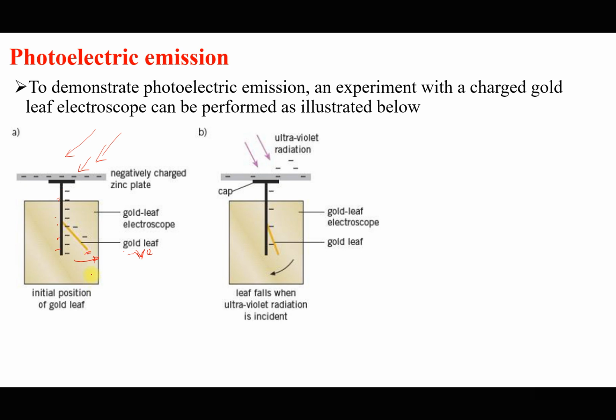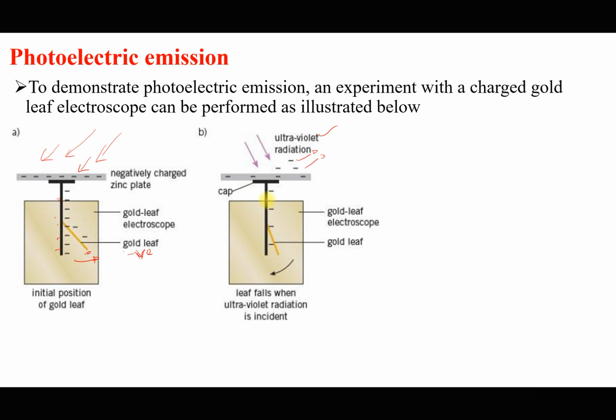But if we illuminate the zinc plate with light, as shown in the second diagram, electrons are knocked out of the zinc plate, which means electrons are now being lost by the gold leaf electroscope.